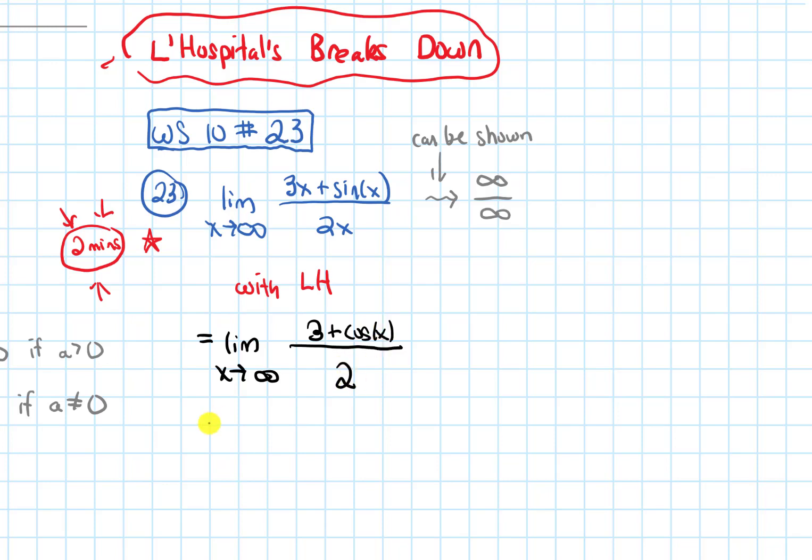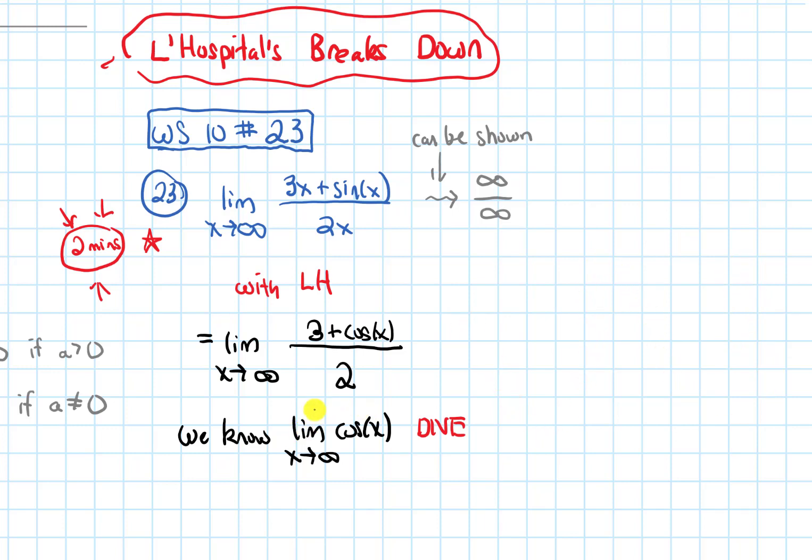And with this, well, we know the limit as x goes to infinity of cosine x, that limit is DNE, because the cosine graph keeps oscillating up and down, and as x goes to infinity, the y values don't approach anything.